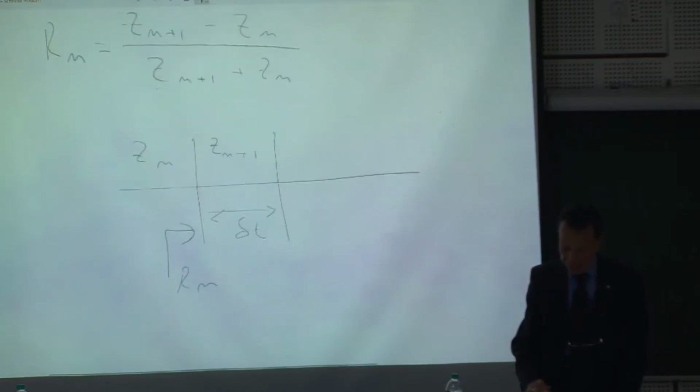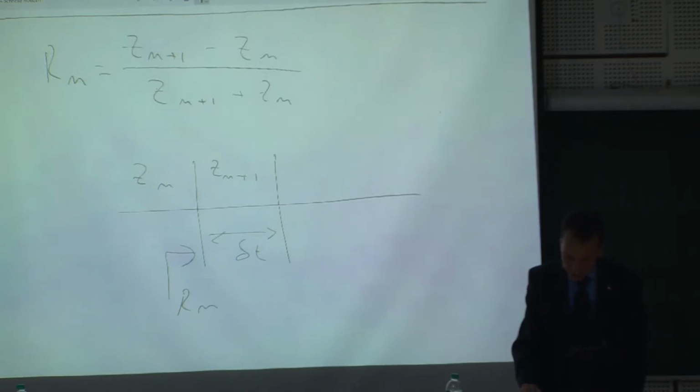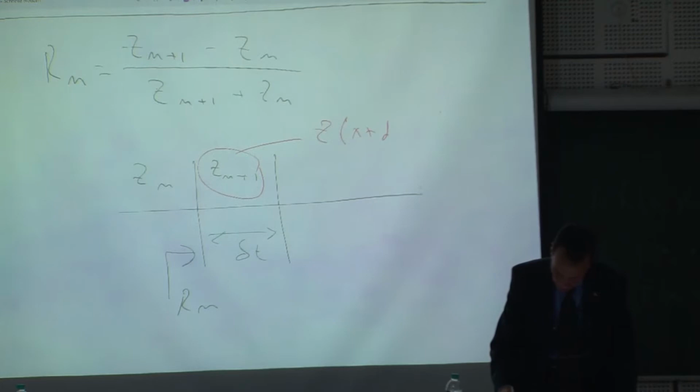Imagine now that this Z is a continuous distribution. This is actually Z, this is X, this is Z of X plus dx, or let me make it as a T, because we are still working with time.